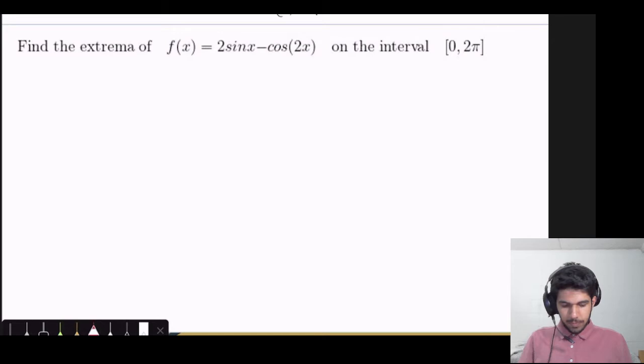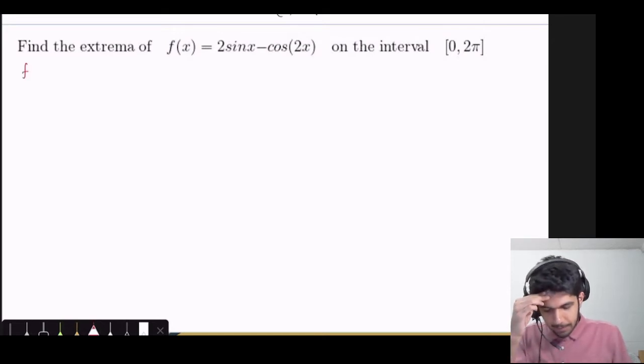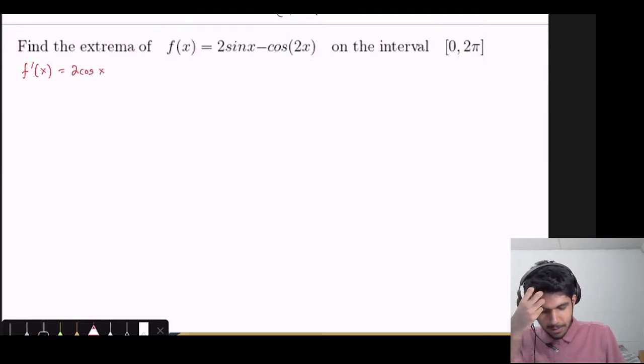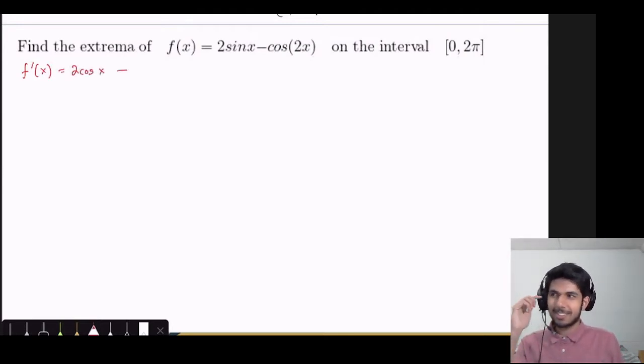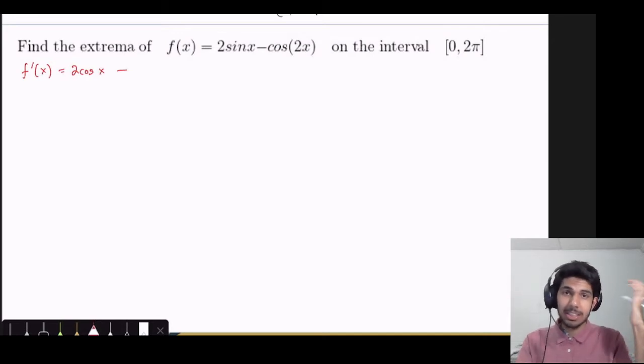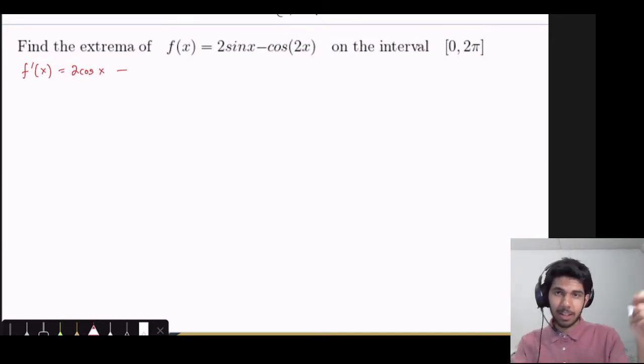So let's compute f prime of x. The derivative of 2 sine x is 2 cosine x, minus cosine of 2x. We need the derivative of that. That is a chain rule problem. So the derivative of the outside, the derivative of cosine of some quantity, is negative sine of that quantity.